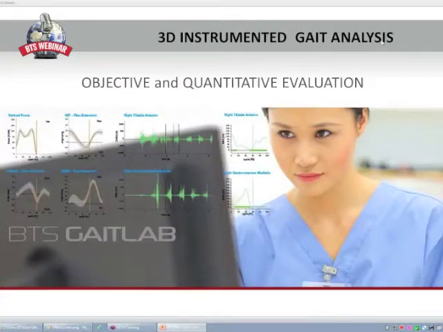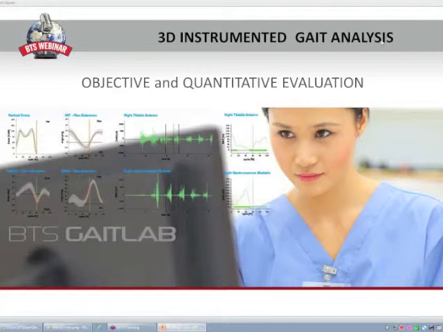We can say that three-dimensional instrumented gait analysis is widely recognized as a central element in the quantitative evaluation of the gait pattern for patients with movement disorders. Gait analysis provides objective data useful in clinical practice to define the level of functional limitation, and nowadays it is a gold standard for treatment planning, treatment optimization, and follow-up.